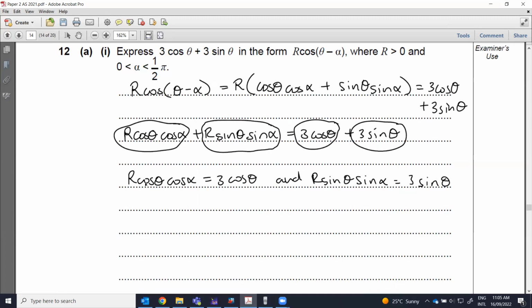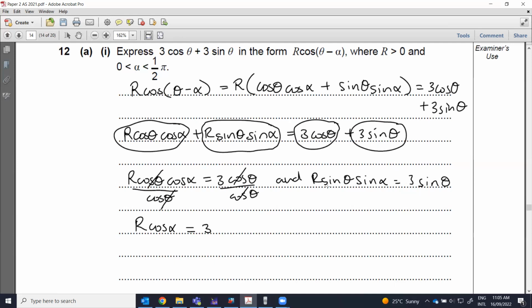Okay, so we can divide both sides by cos theta for the first one, so those cancel. So I have r cos alpha equal to 3.